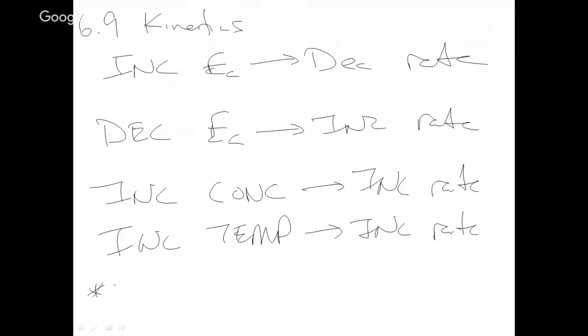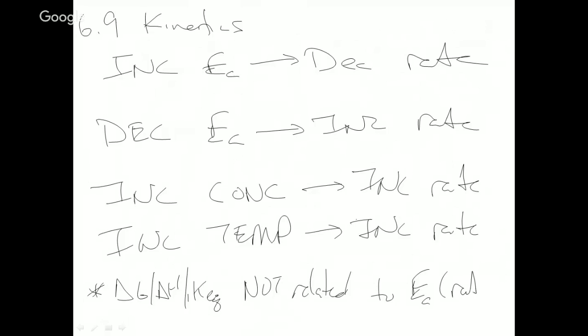Importantly, delta G, delta H, KEQ are all thermodynamic terms. They're not related to activation energy or rate. Now, I say that, but we will talk about something called the Hammond postulate later on that attempts to bring these two together, but they are separate terms.